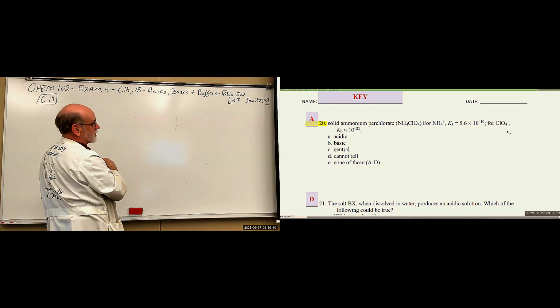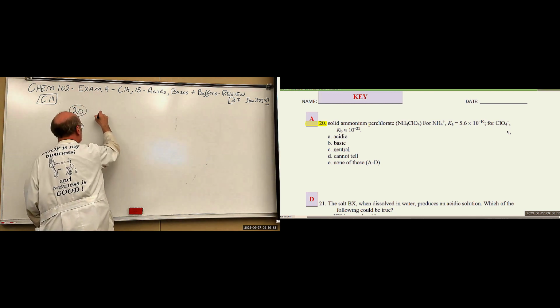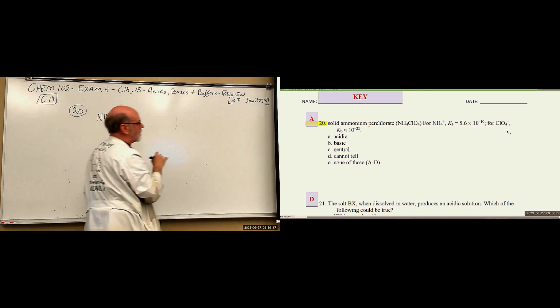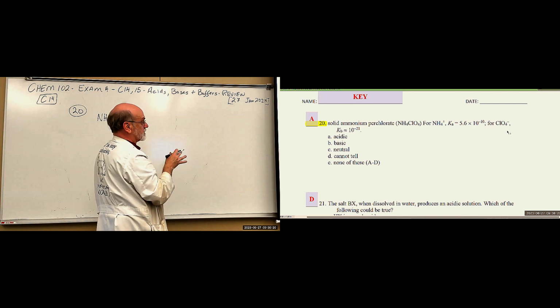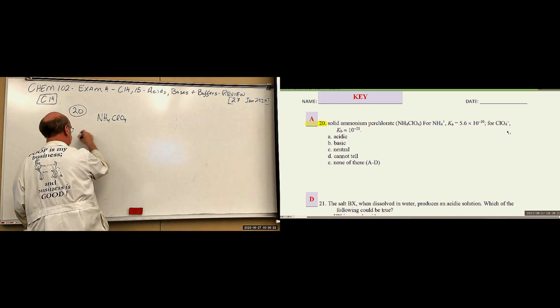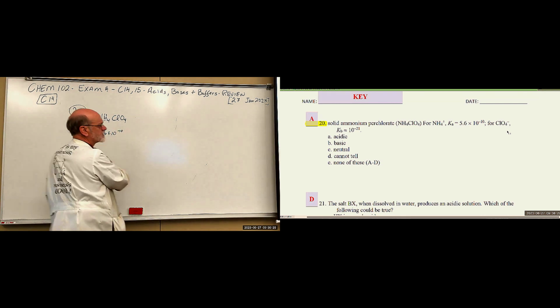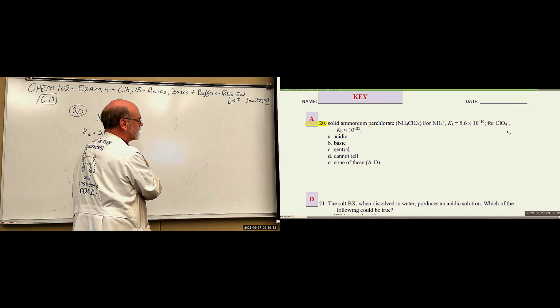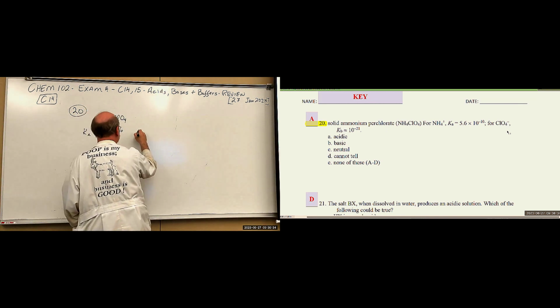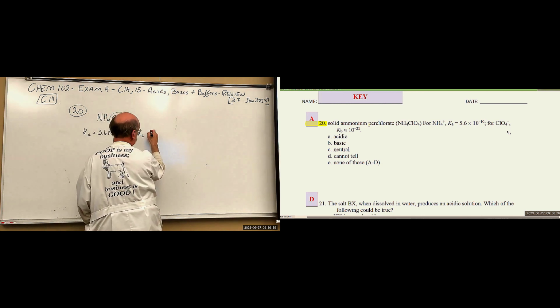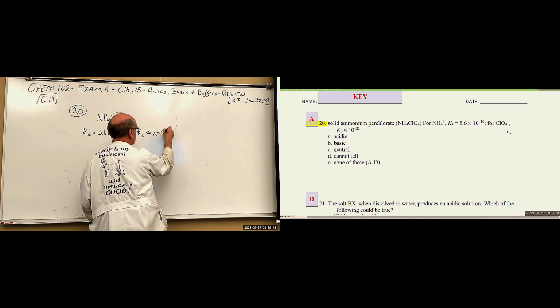So if we put solid ammonium perchlorate in solution, the Ka for ammonium was 5.6 times 10 to the minus 10, was it? Yeah. And the Kb for the perchlorate ion in solution would be approximately 10 to the minus 21.